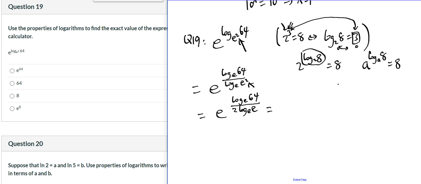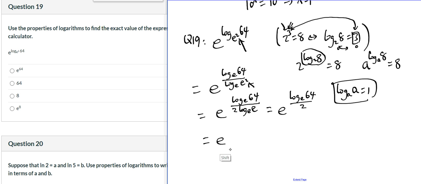Previously we said log base a of a is 1, right? So this will give us e to the log base e of 64 over 2. If you rewrite that, that will be e to the 1/2 log base e of 64.